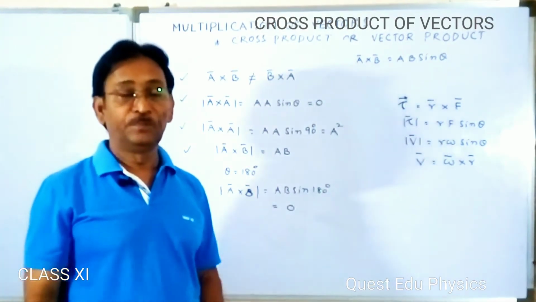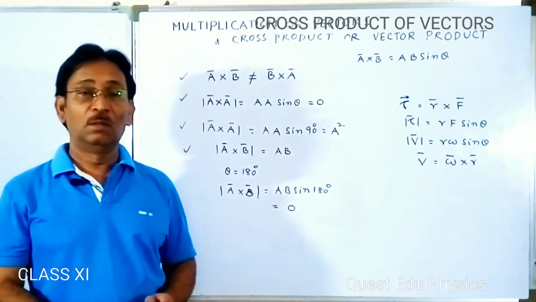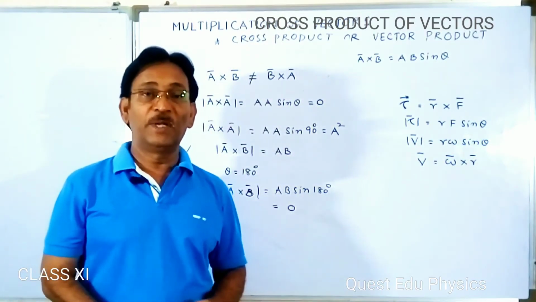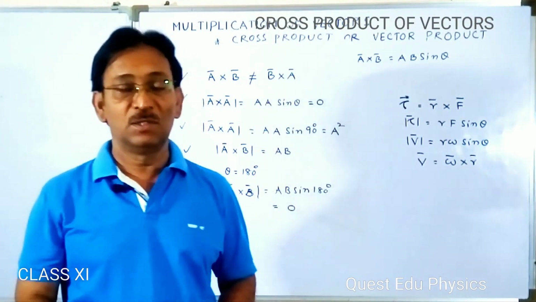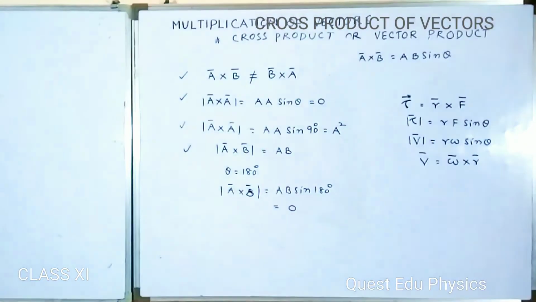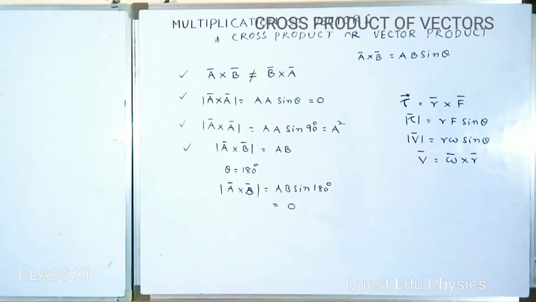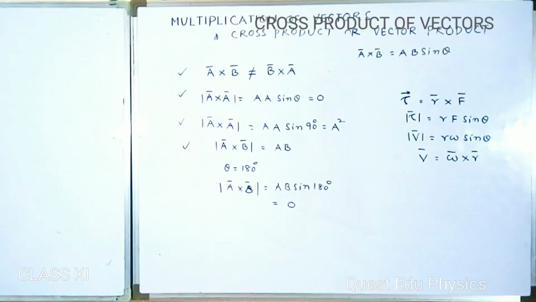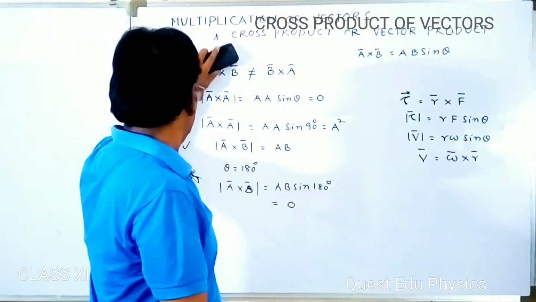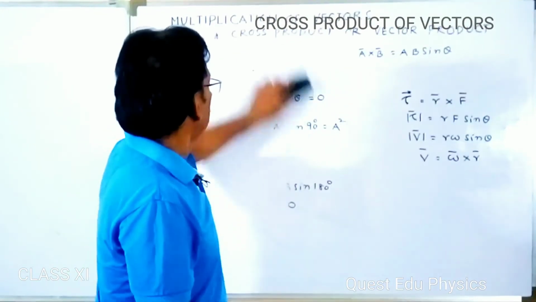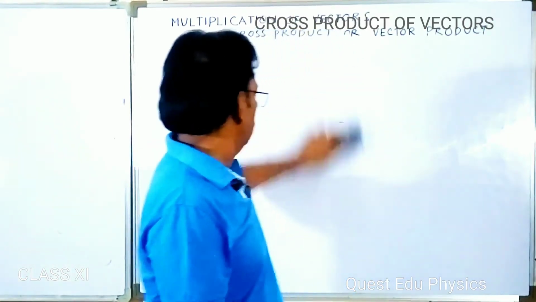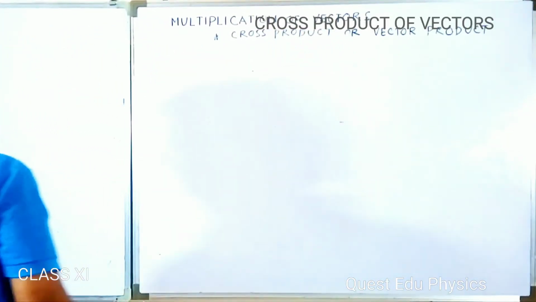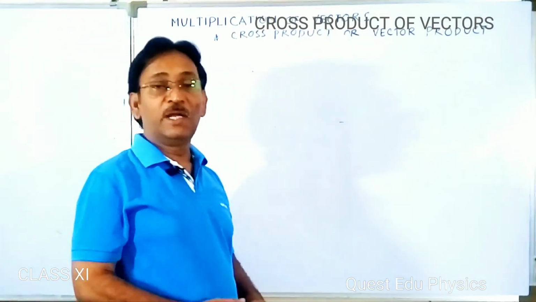Then after we will learn about orthogonal vectors, that means multiplication of orthogonal unit vectors. Okay, we are taking the unit vectors.